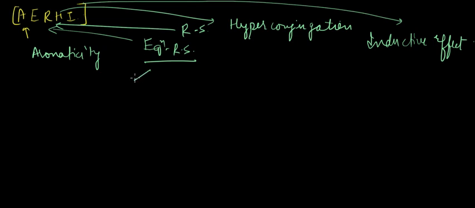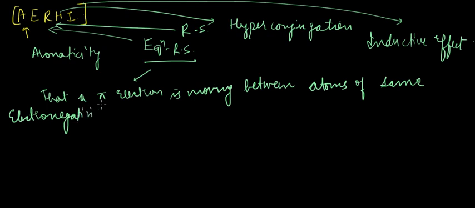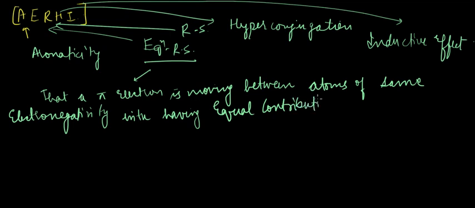So the meaning is simple, that a pi electron is moving between atoms of same electronegativity with having equal contribution in the resonance hybrid.